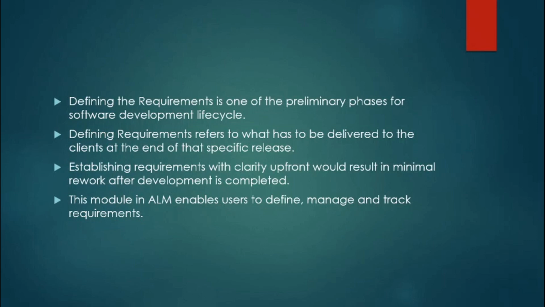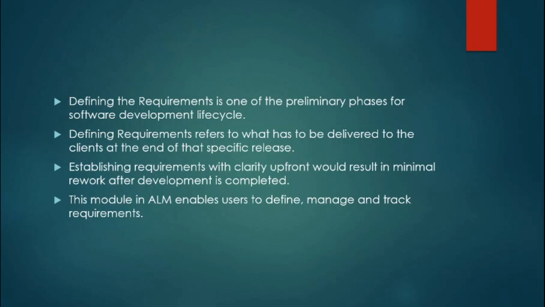For example, if my requirement is to develop a smartphone with 2 GB RAM and 32 GB of internal memory, but in the requirement I have not clearly specified how much memory I require, internal as well as external, then the developer will develop the mobile as per his understanding or as per his convenience.